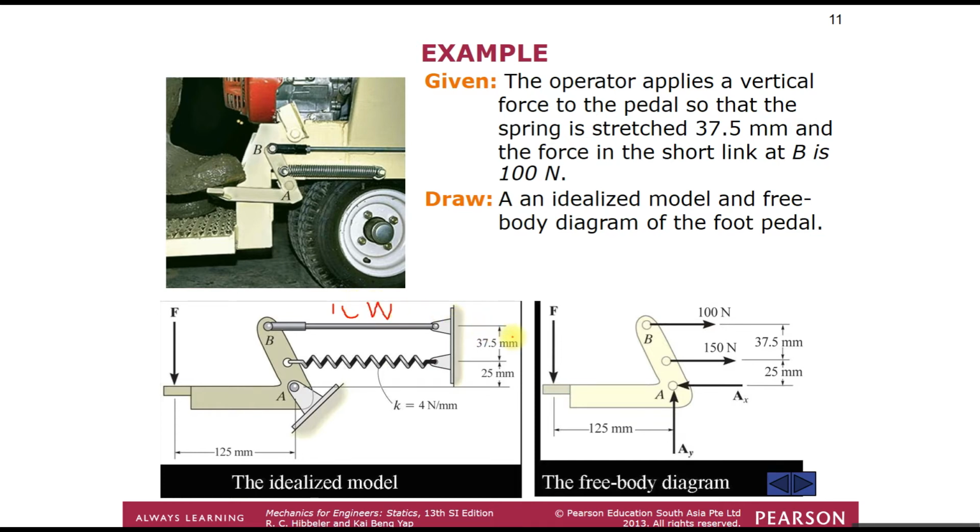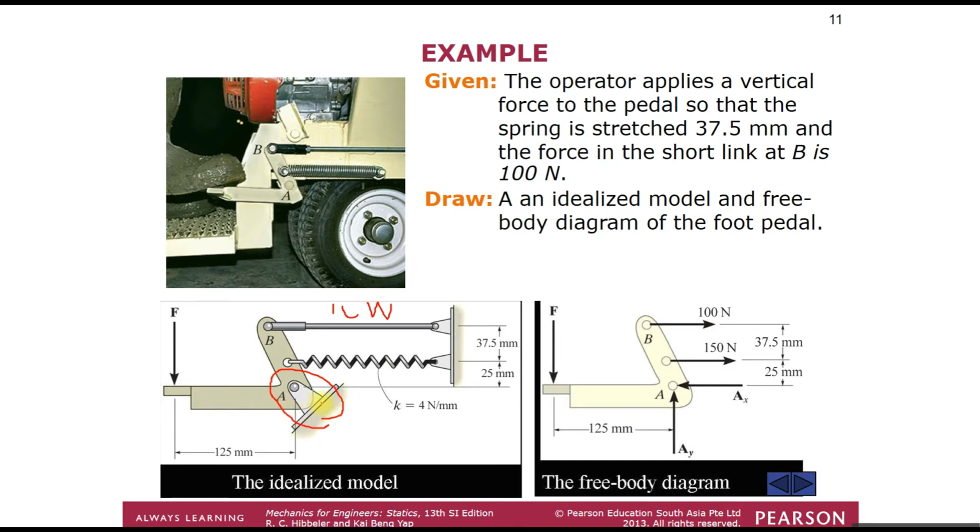So when we draw the free body diagram, this is the 100 Newton represented, and we draw the dimensions, everything, and 150 Newton acting on the spring itself, and also the pin support at point A, with components X and Y, which is this one.